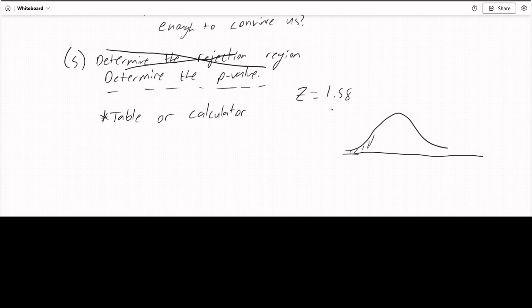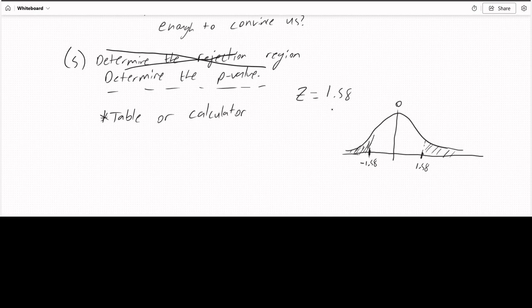So when our table is saying, oh, this is the amount of area from left to right, and because we have a two-tailed t-test, we need to worry about what's on both sides. So to find out the likelihood that we found this extreme value or something more extreme in either direction is that we're going to say, okay, this is 1.58, and because of the symmetry of the standardized normal curve, which has a mean of 0, this left tail will be at negative 1.58.